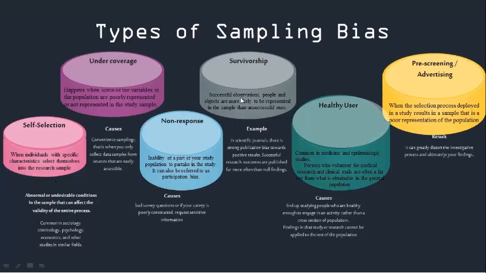Then comes the survivorship. So what is this? This is successful observation. People and objects that are successful are more likely to be represented in the sample than the unsuccessful ones. Now, this happens in journals. When people write research articles, many journals prefer only those articles which ultimately give positive results.